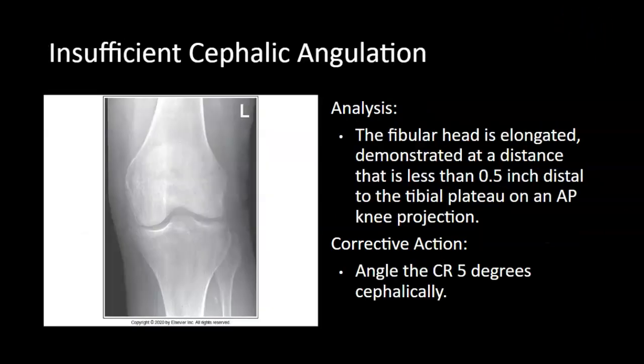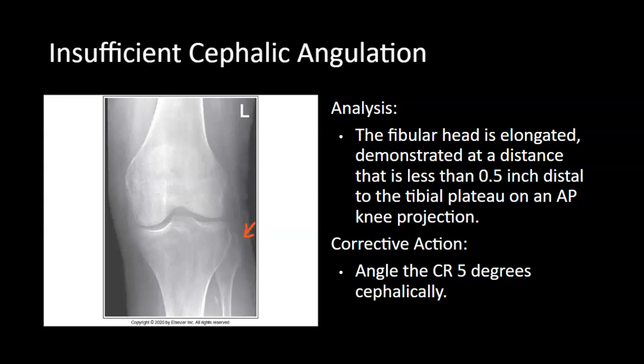When we have a closed knee joint, as we do in this projection, again, we're going to look at the fibular head and which direction it went in. Looking at this fibular head here, it looks elongated this time.